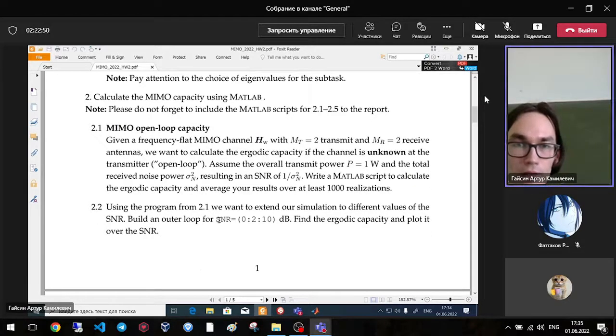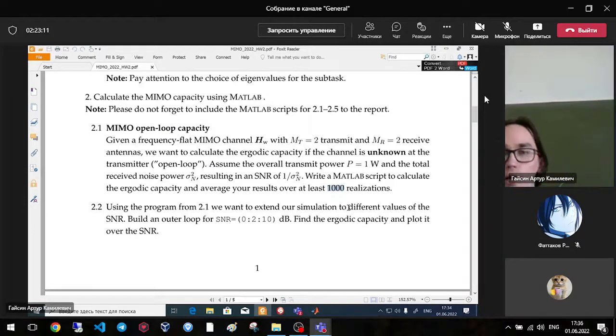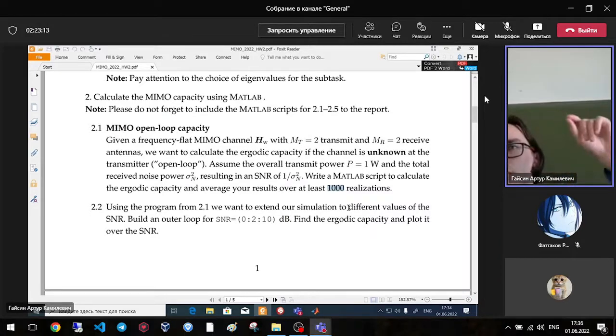And here we will change the signal to noise ratio. So we choose 0 to 4, 6, 8, 10 dB, and for each signal to noise value, we create at least 1000 realizations, calculate this capacity, average it, and after that plot the result.